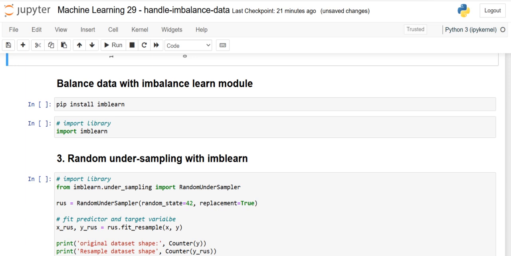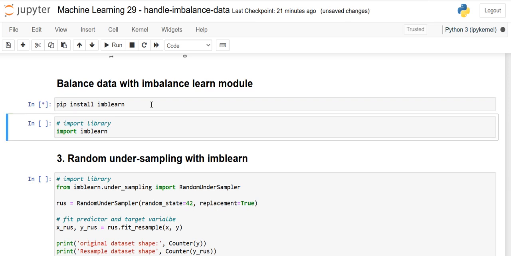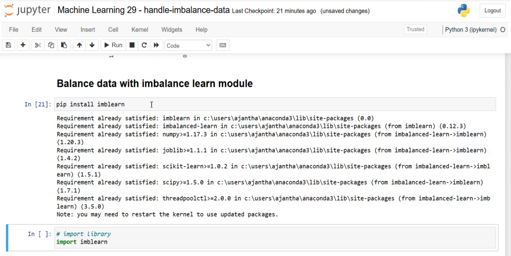In oversampling, instead of creating exact copies of minority class records, we can introduce small variations in those copies, creating more diverse synthetic samples. Let me use some of these resampling techniques using this Python library, Imbalanced Learn, and here I'm installing it and importing it.